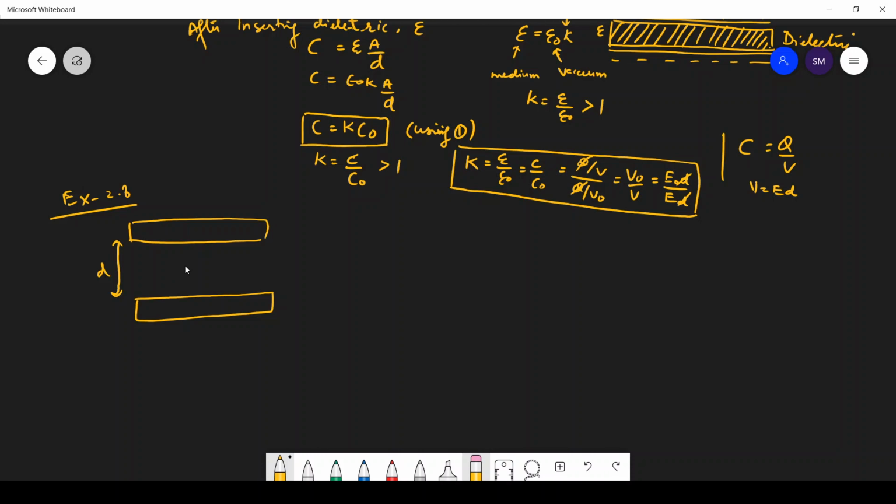But the dielectric has not filled the full length, it has just filled 3/4 D. So this is dielectric in 3/4 D, and this is vacuum in 1/4 D.